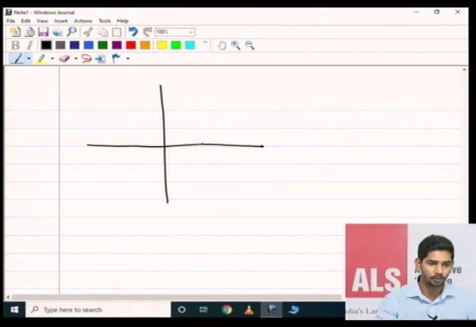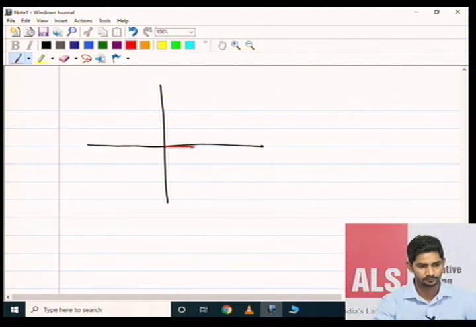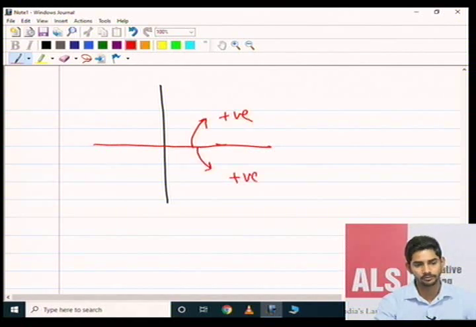If I talk about this line, I'm sure everyone knows that the values above it are positive and the values below it are what?